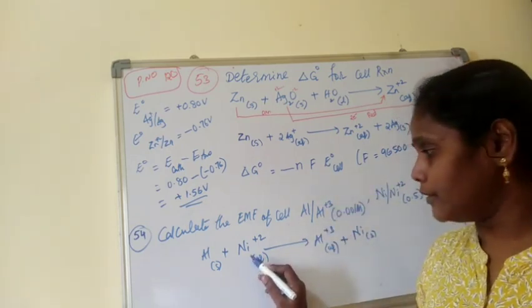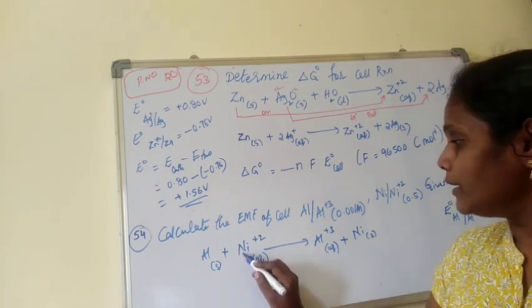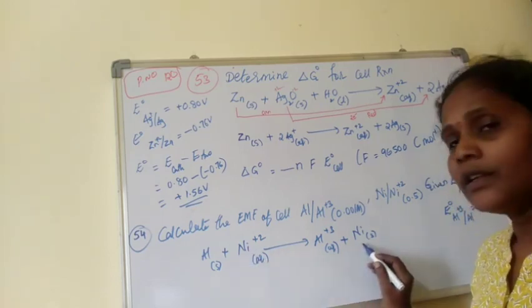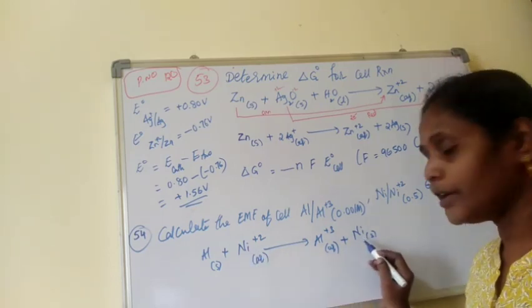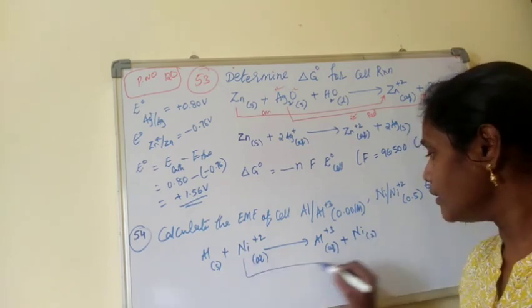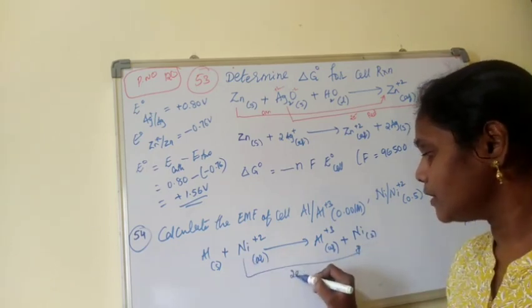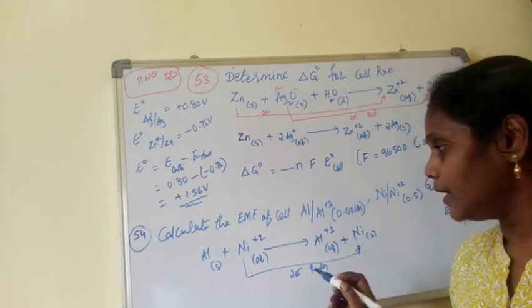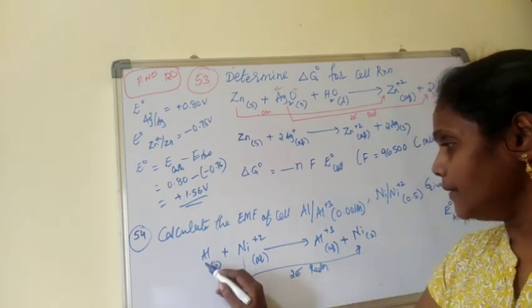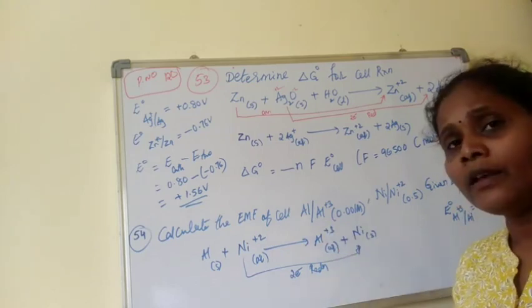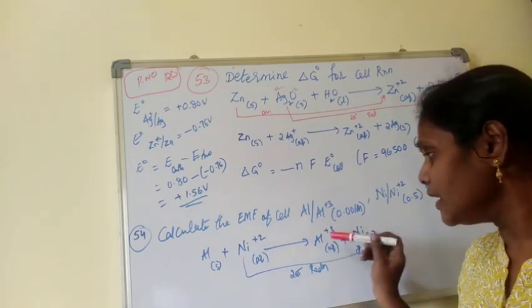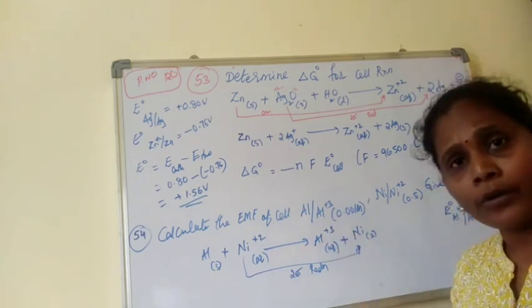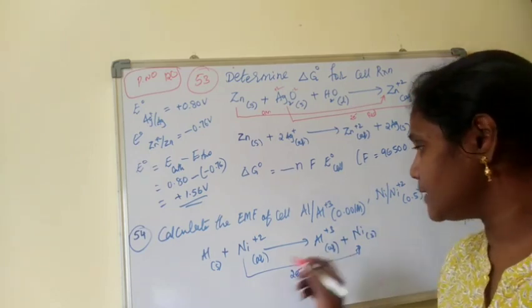Nickel plus 2 is converting into nickel by taking 2 electrons, but aluminium is converting into Al plus 3 by releasing 3 electrons. Again, it's not balanced, so I need to balance it.